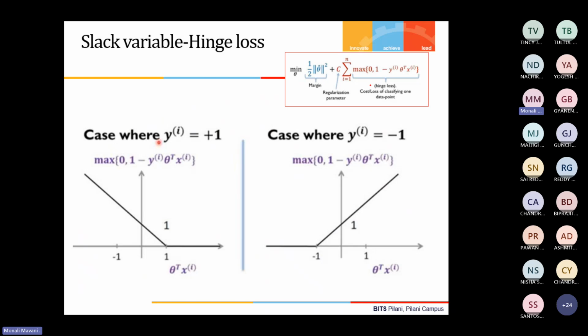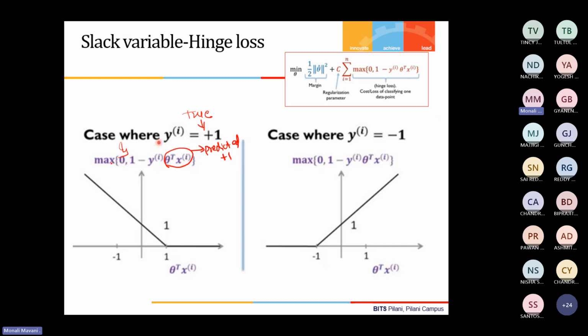Now let's see intuitively what the effect of this slack variable is. Say our true class is positive, and we take the sign of theta transpose x, so the predicted value is also positive 1.